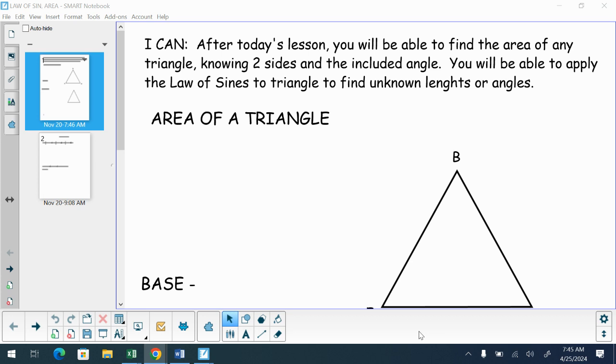But the basis for the law of sines and why it works, we have to start out with respect to finding and calculating the area of a triangle.